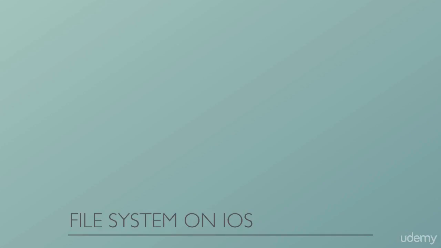Let's look at some of the more common features that we'll need to know in order to work with the file system on iOS. The very first thing you need to be aware of is that your app is sandboxed. What does that mean?